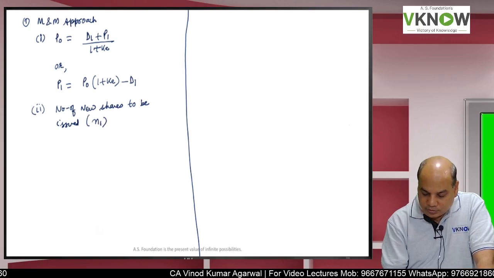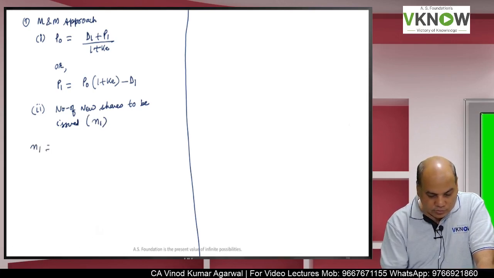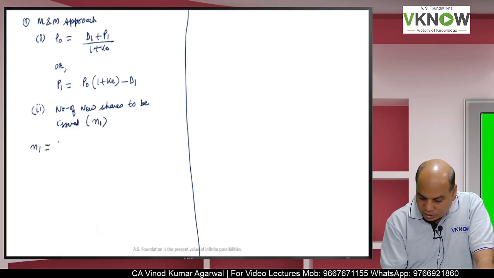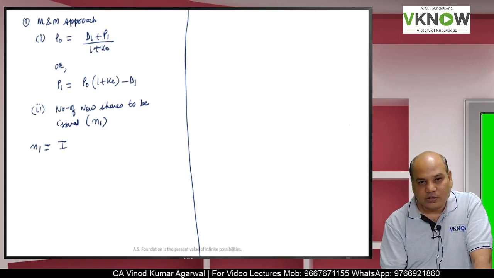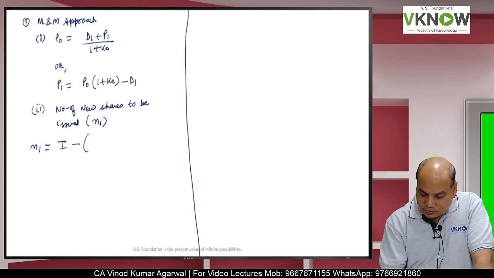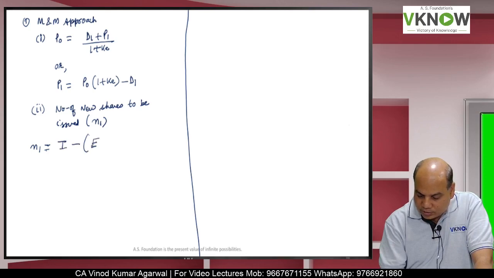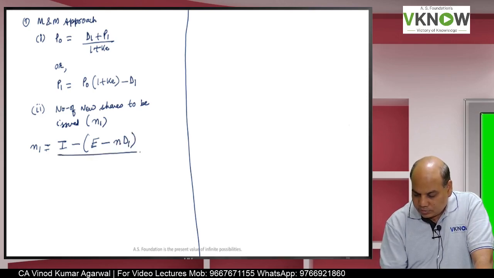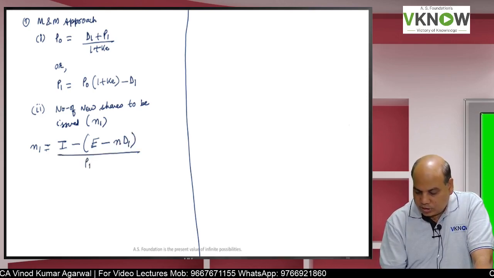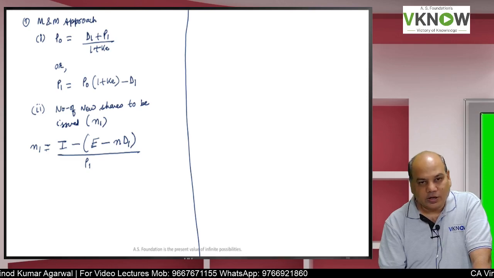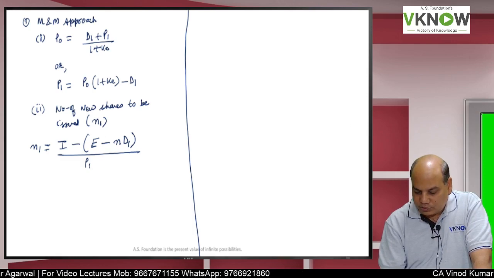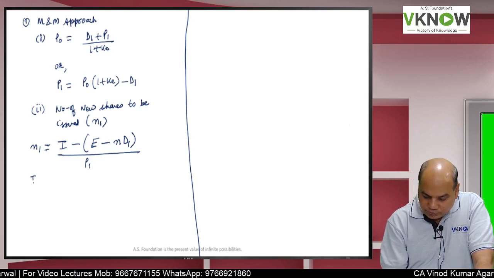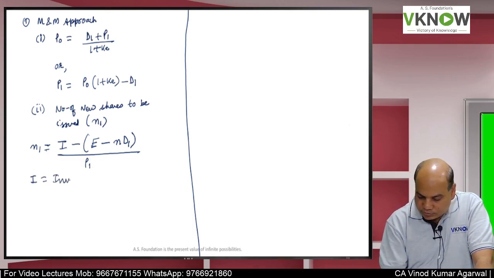So N1 is equal to I, where I stands for investment requirement, minus in bracket E minus N D1, divided by P1. Investment minus retained earning means fresh funds to be raised by issue of equity share, divided by price of the share.